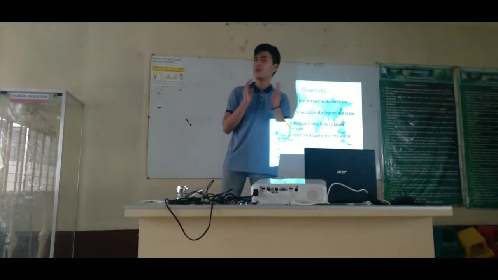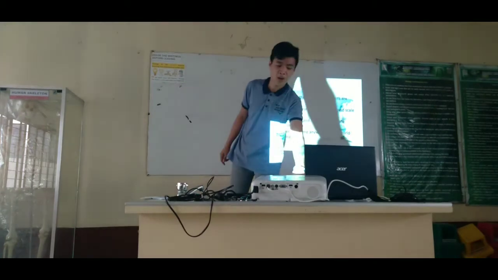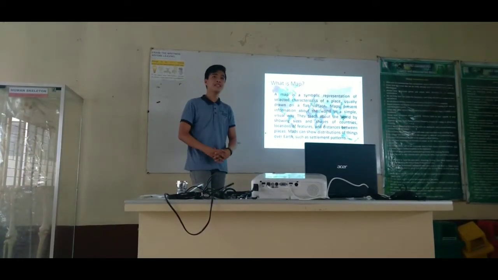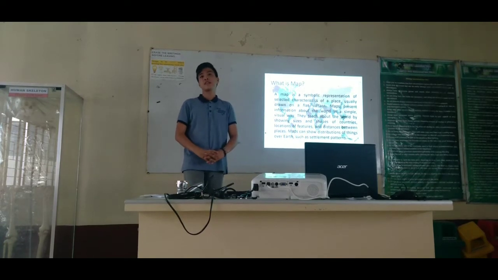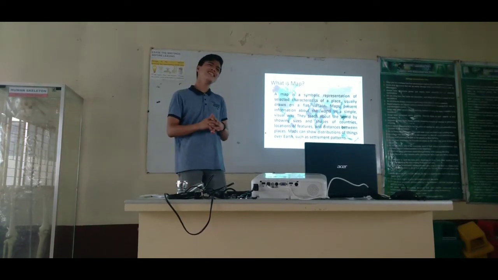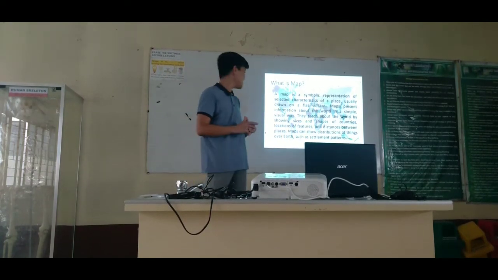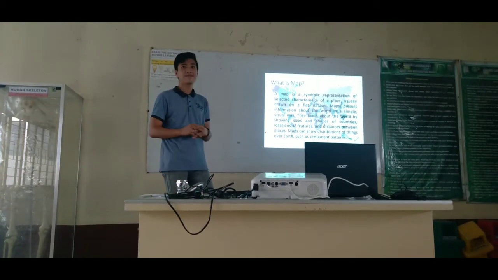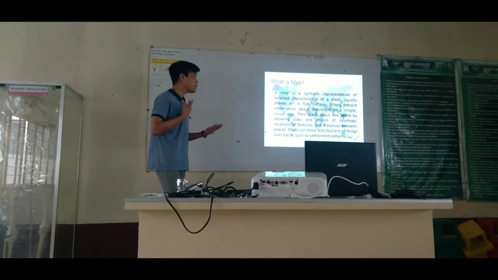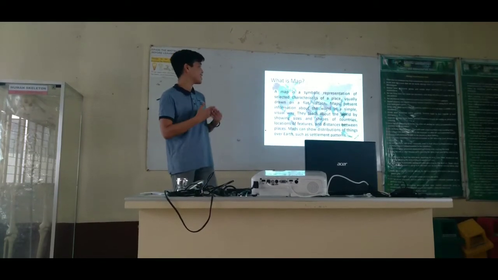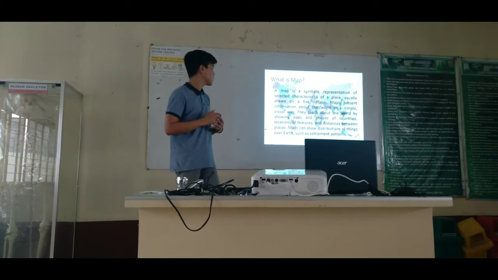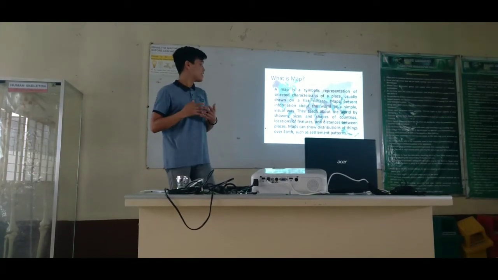Now, by the way, what is a map? So, within this definition, kindly read. Okay, so a map is a symbolic representation of selected characteristics of a place, usually drawn on a flat surface.